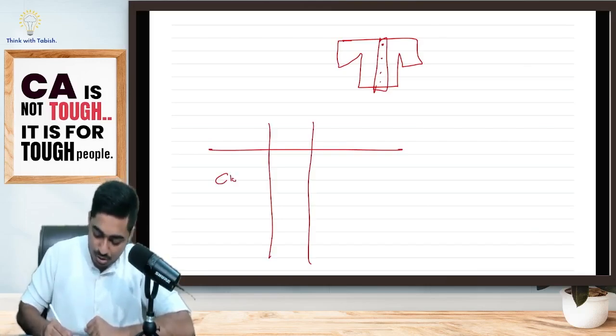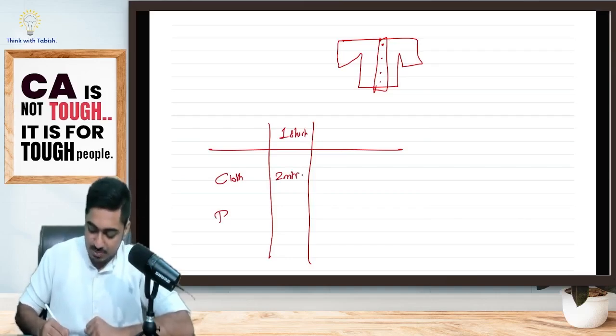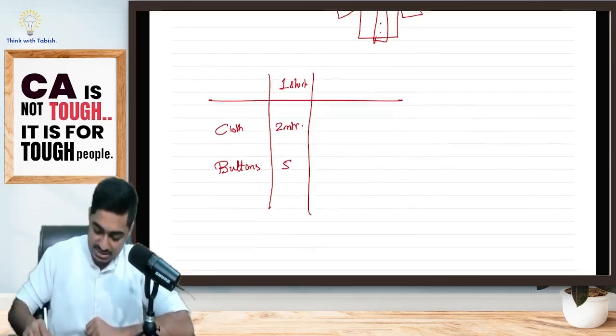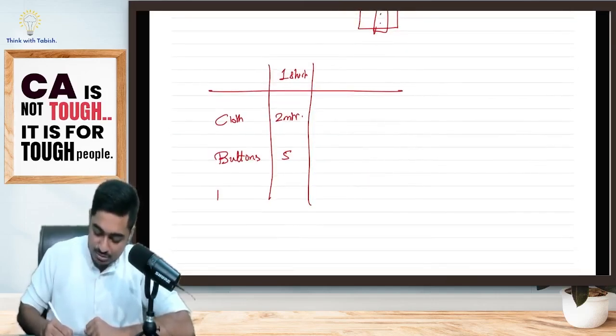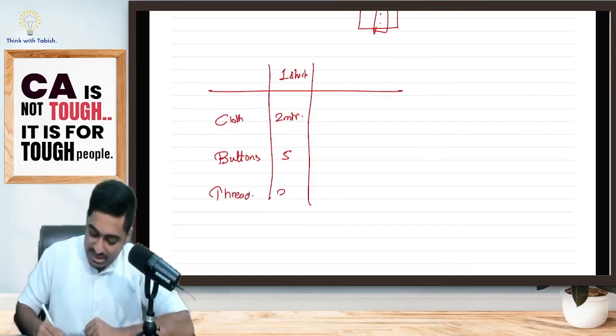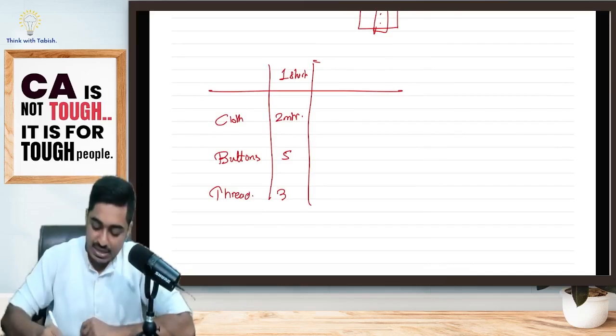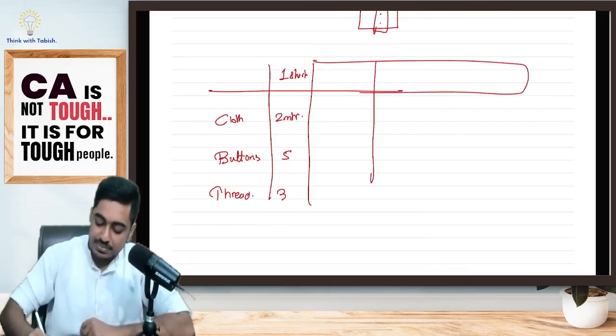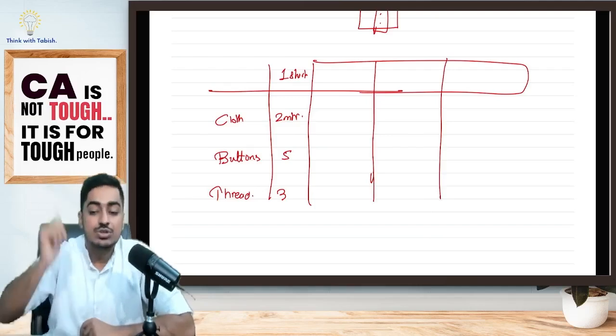Cloth is needed: for one shirt, 2 meters of cloth. Buttons are needed: for one shirt, 5 buttons. And thread is needed: for one shirt, imagine 3 rolls of thread.